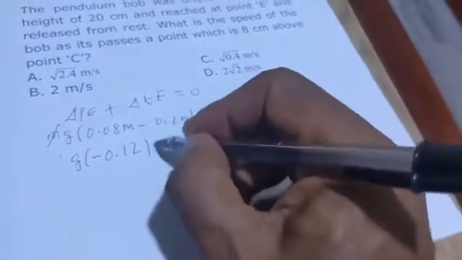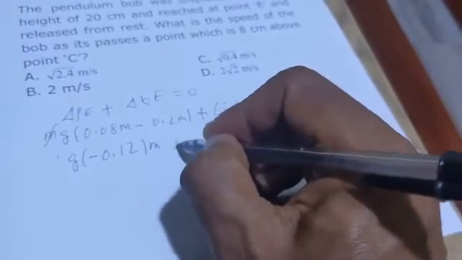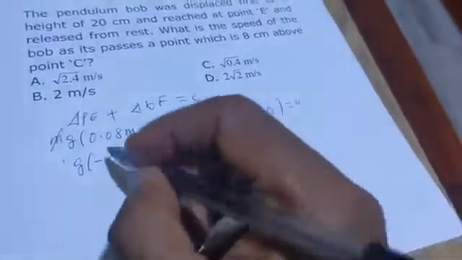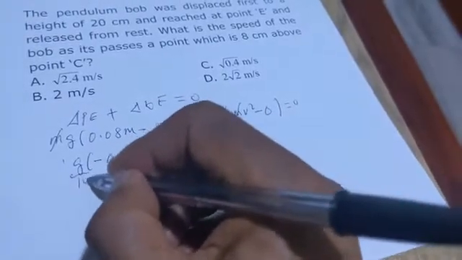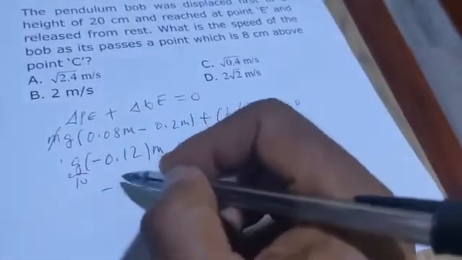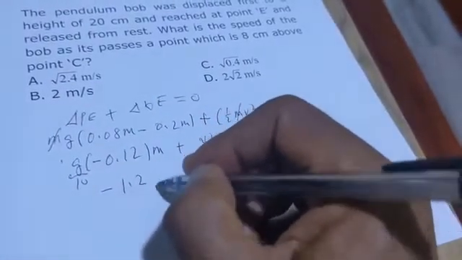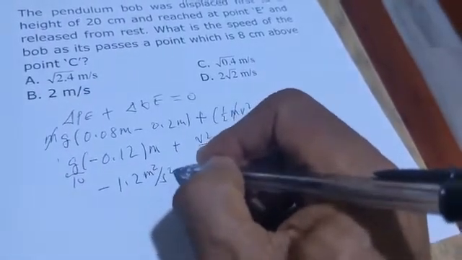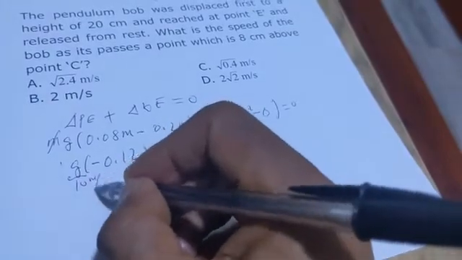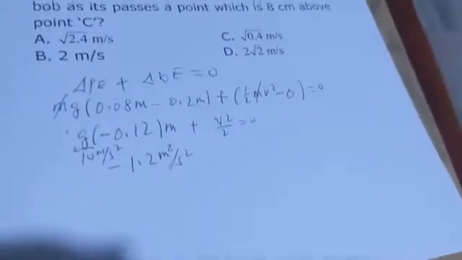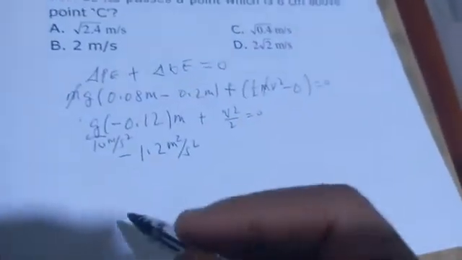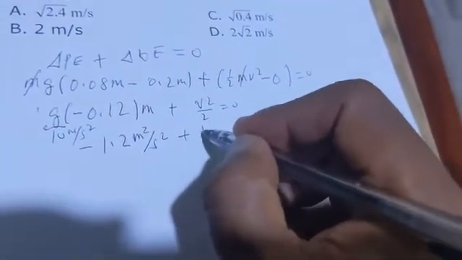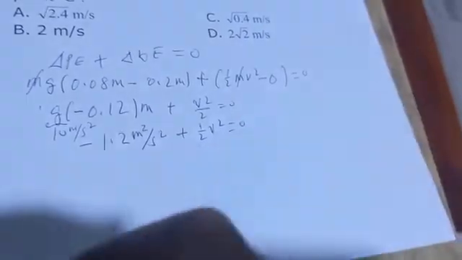plus v squared over 2 is equal to 0. This is 10 times minus 0.12, which is minus 1.2 meter squared per second squared, because g is 10 meter per second squared. So plus half of v squared is equal to 0.